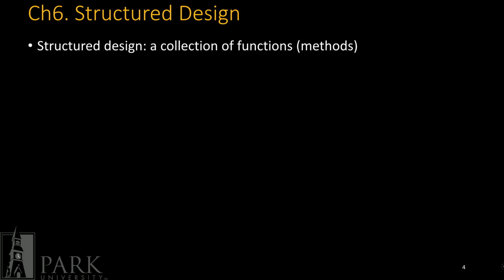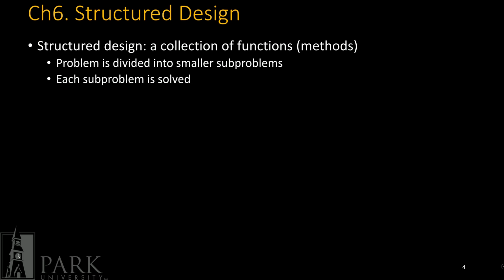Chapter 6 explains how to build a program based on structured design. In structured design, we break a problem down into smaller subproblems. Each subproblem is then solved using structured design, and the solutions are combined to solve the original problem. The program will be composed of a collection of functions.